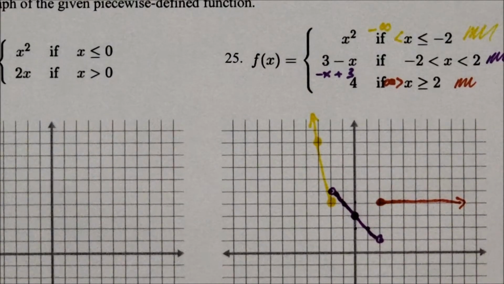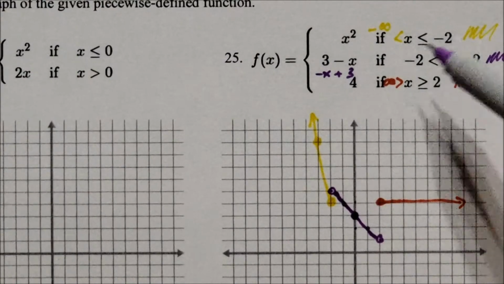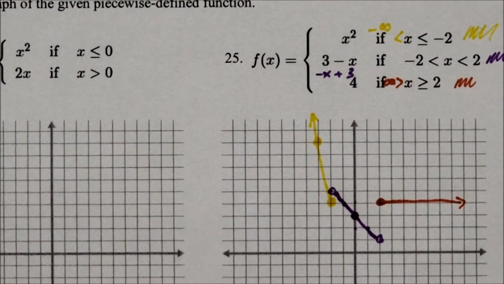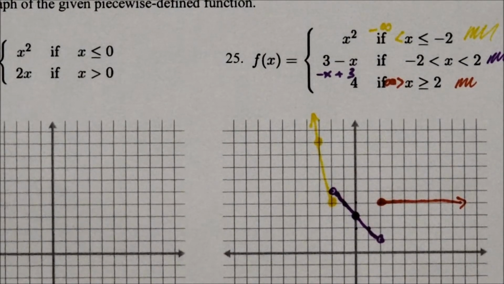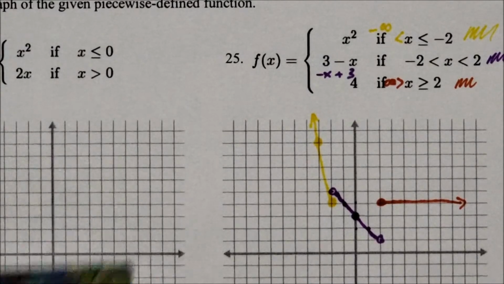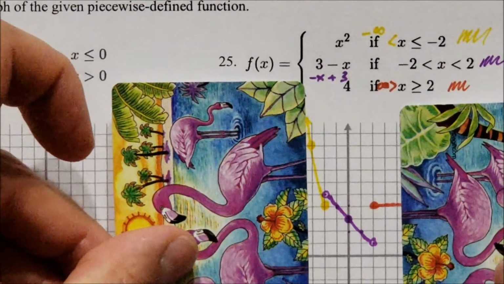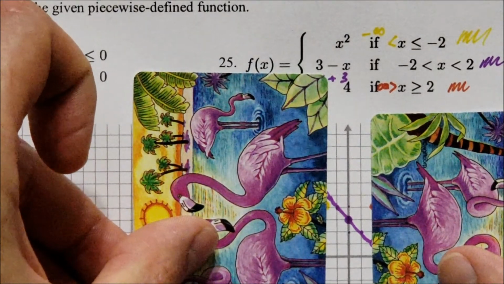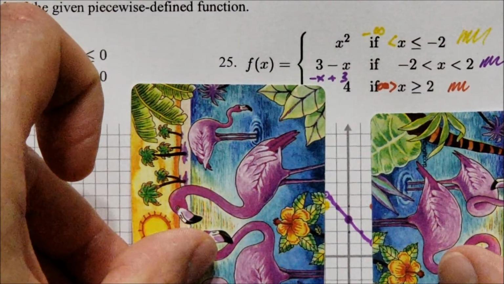We have completed the graph of this piecewise function by looking at each part independently with careful consideration to the domain restrictions. Again, looking at the purple, the middle section, if we ignore all the others, that is -x plus 3.